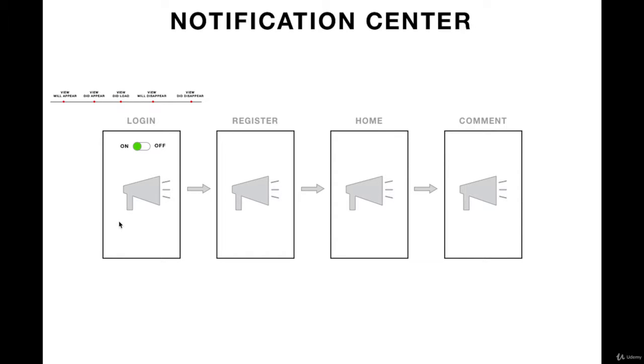Let's say in login view controller, we move the user interface up when the keyboard is shown. Let's say we closed the login view controller screen and went to register view controller. Whenever the keyboard is shown, it will still affect the login view controller. So when we go to home view controller and the keyboard is called, it still affects the login view controller. So till we turn it off, it will be in action.